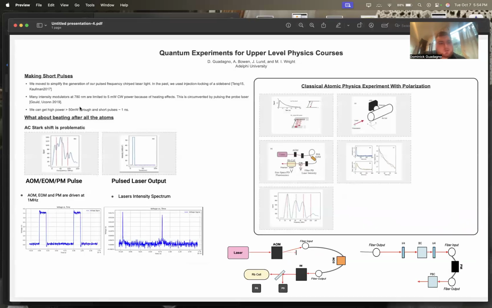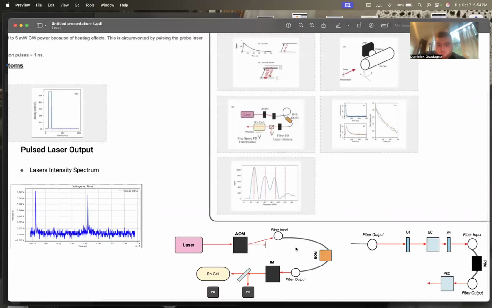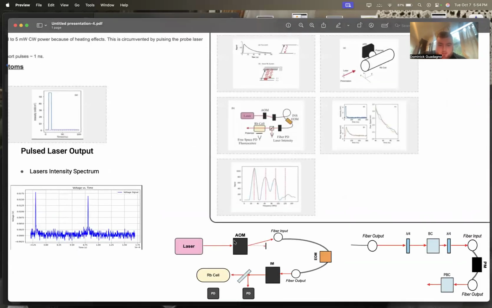Oh, there are a couple of things I should mention, like here, the intensity modulator. The AOM is pulsed, but the reason we don't have these things in reverse, the EOM before the AOM, is because the EOM is a crystal structure, and if you put too much power in it at once, it will break. I know that from experience.